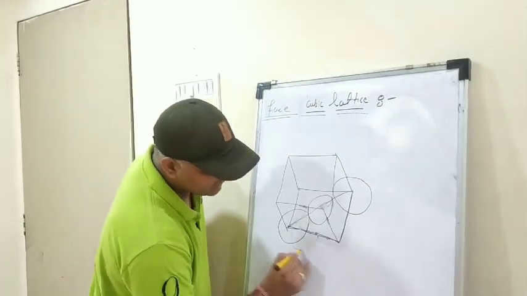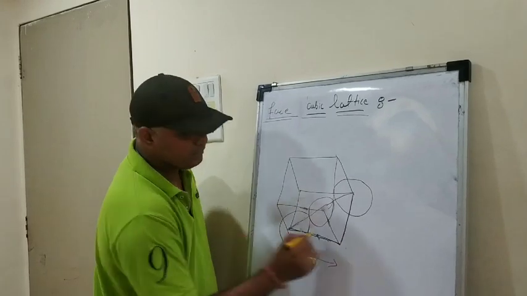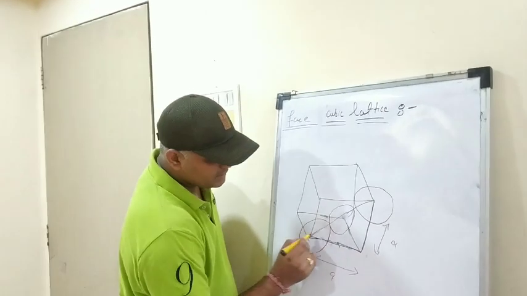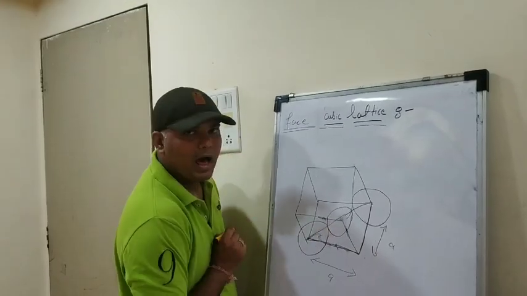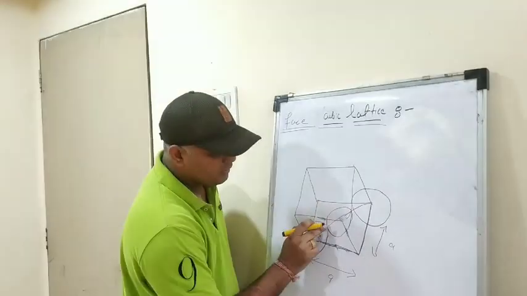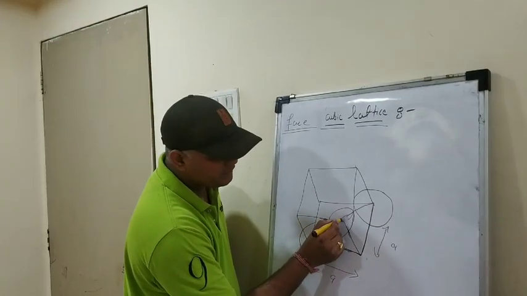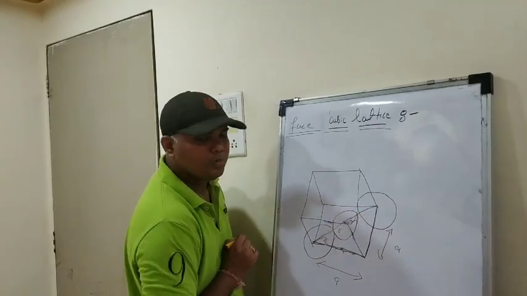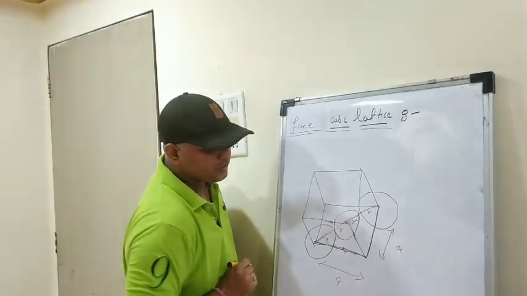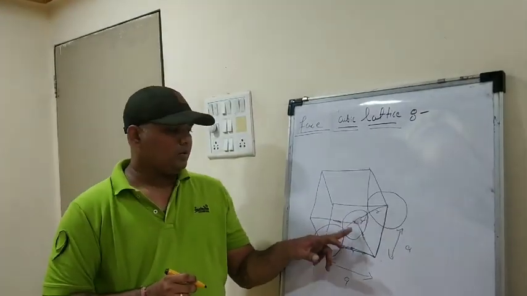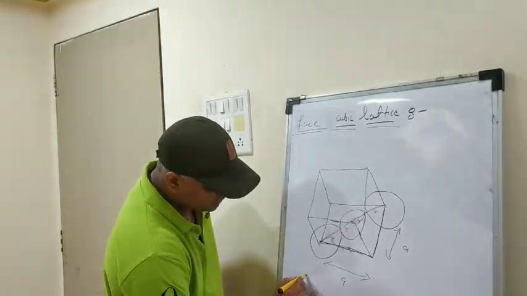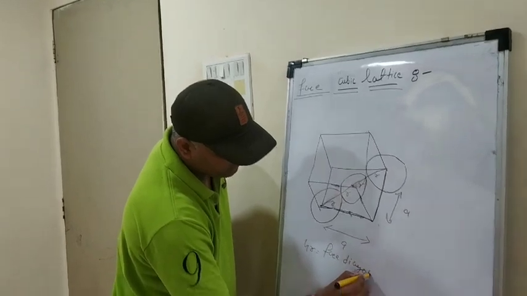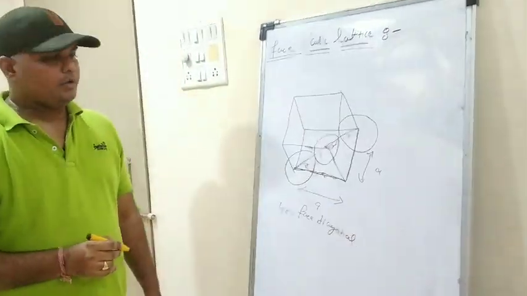So what is the distance? This distance is A, this distance is also A, right? Then from the center till here, there is 1 r. From this center till here, this will be 1 more r. This will be 1 more r. So how many r's are there? 1, 2, 3, 4, 4 r. So 4 r is equal to the face diagonal. Right? So this becomes a face diagonal. Are you able to understand?